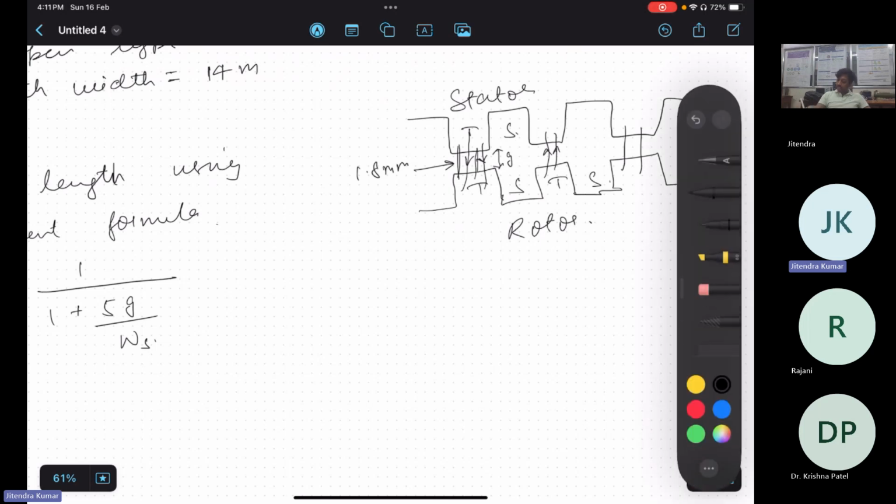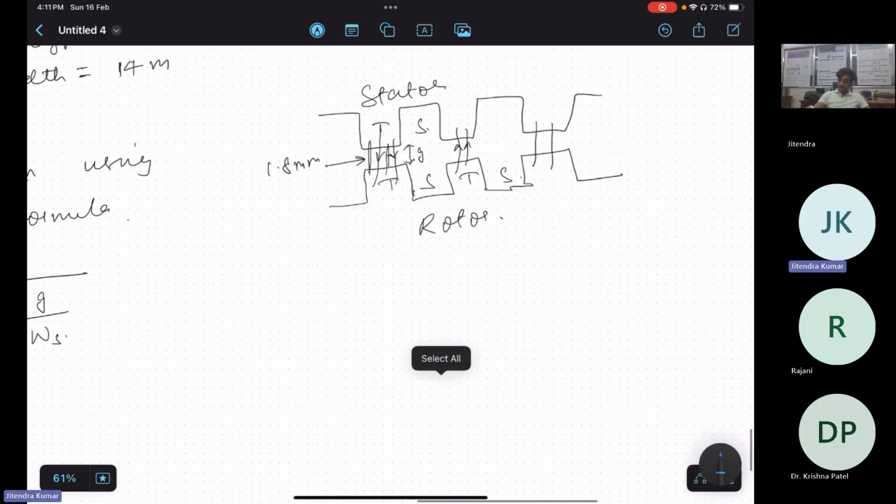Now what happens because of the fringing effect? If you can recall, if flux is coming like this, some flux will start traversing in this manner. So now how much is the air gap? It is definitely higher than this. If flux is originating from inside, going beyond the air gap and then entering the teeth, it means it is traveling a more reluctant path compared to this designated path, because of the fringing effect.